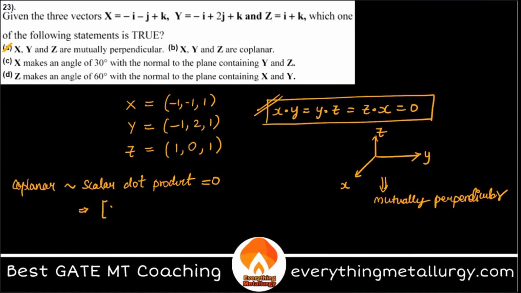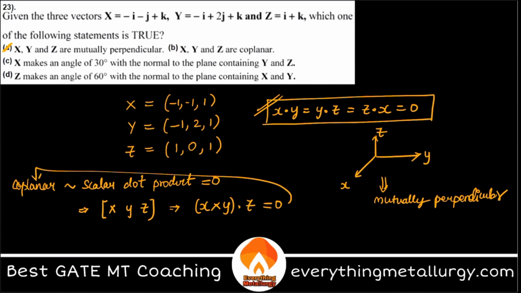It is nothing but box x, y, z. What is box again? You take x cross y dot z. If this is equal to 0, we say that it is coplanar. And you can easily check this out, and this is not the case here. So the only answer is A, that is x, y and z are mutually perpendicular. That means they make 90 degrees to each other, right?